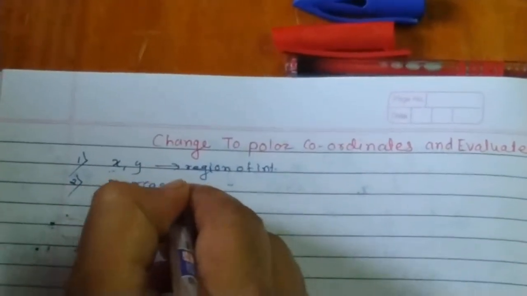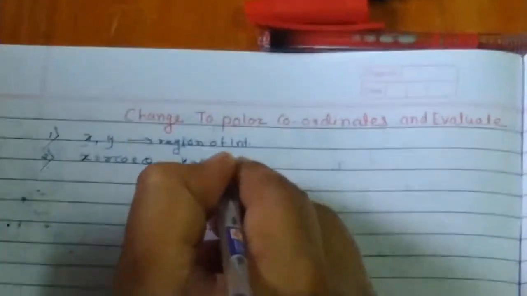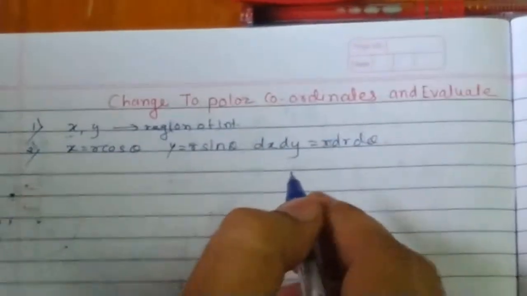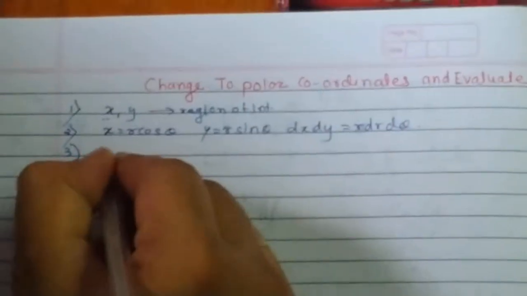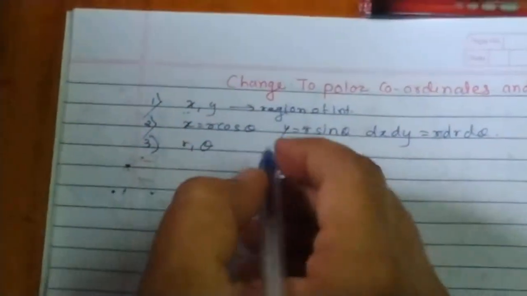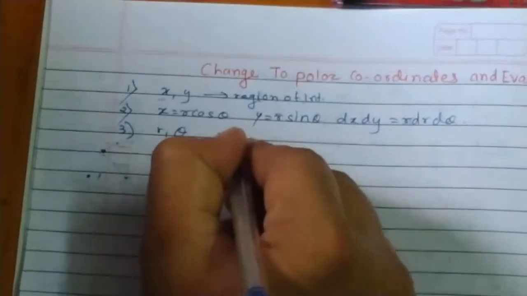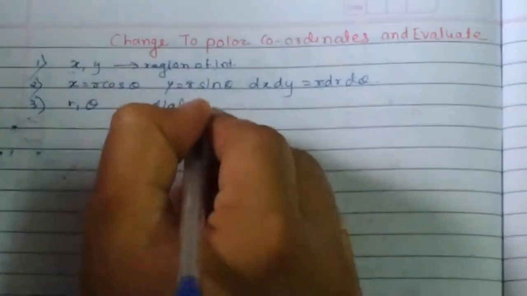x is equal to r cos theta, y is equal to r sin theta, and dx dy is r dr d theta. Then derive the limits of r and theta by drawing a radial strip in your region of integration.